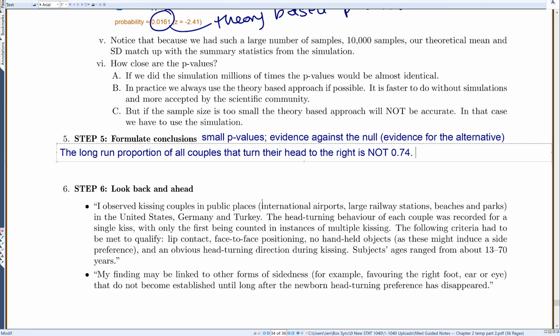He looked at subjects that ranged in age from about 13 to 70. These are all things that would be very useful for people to know. And as you're reading, you might think, maybe he should have also checked this. That would be a look back and ahead. He also said that maybe his finding is linked to other forms of sidedness, for example favoring the right foot or ear or eye, that don't become established until long after the newborn head turning preferences disappear. So these are some of the things he put in his paper as the look back and ahead.